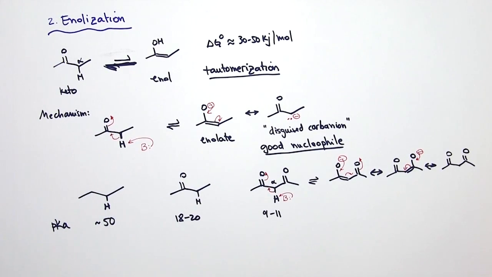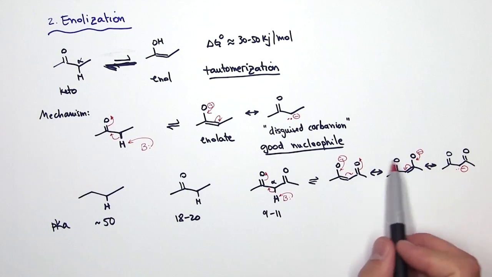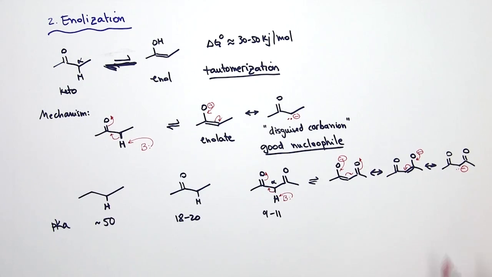And another. As we saw before, the charge here is delocalized between the oxygens and the alpha carbon. So this beta-keto carbonyl in its enolate form will behave as a carbanion, and it can act as a good nucleophile.